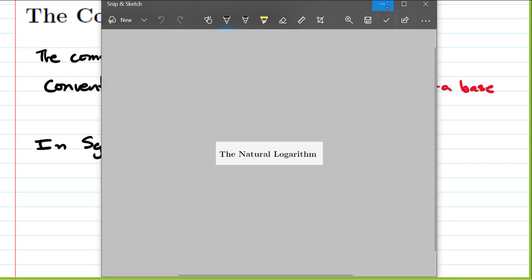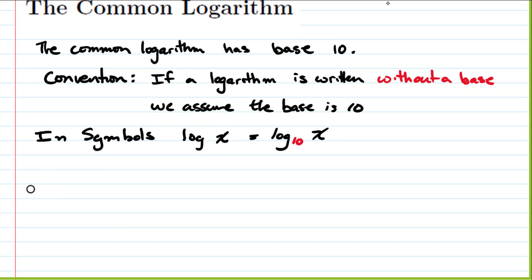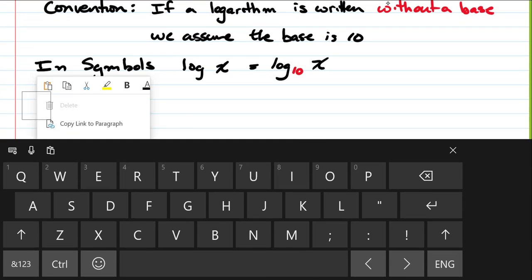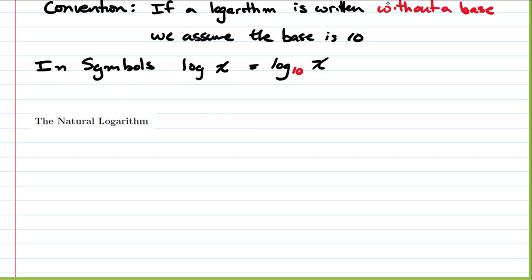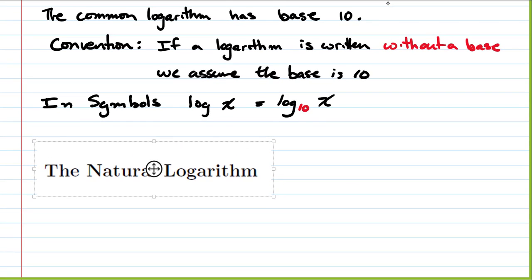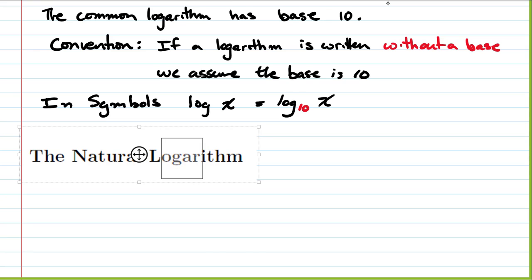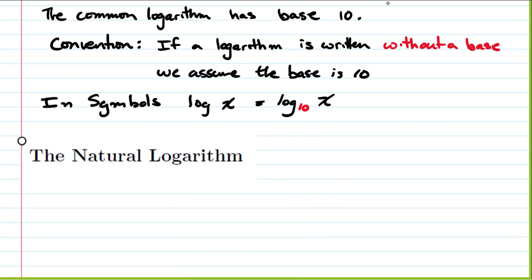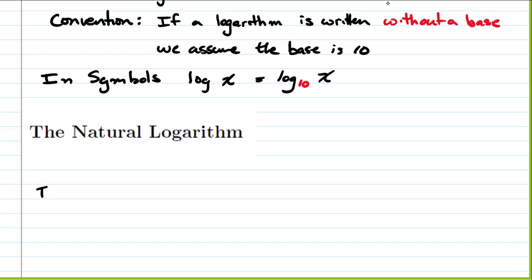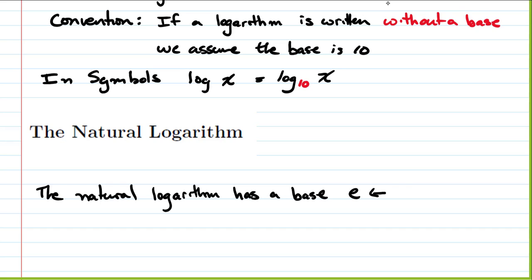So there is another logarithm called the natural logarithm. And the natural logarithm has a base of e, where e is Euler's number.